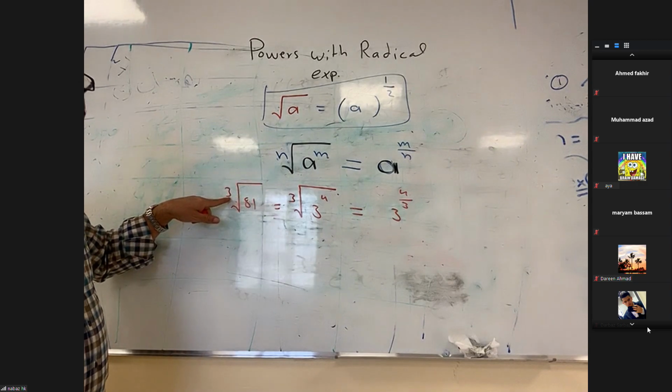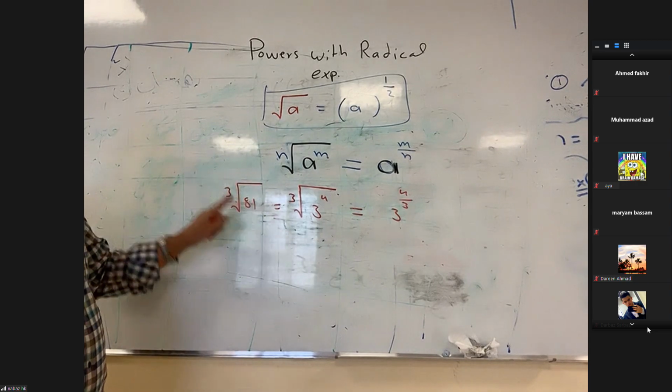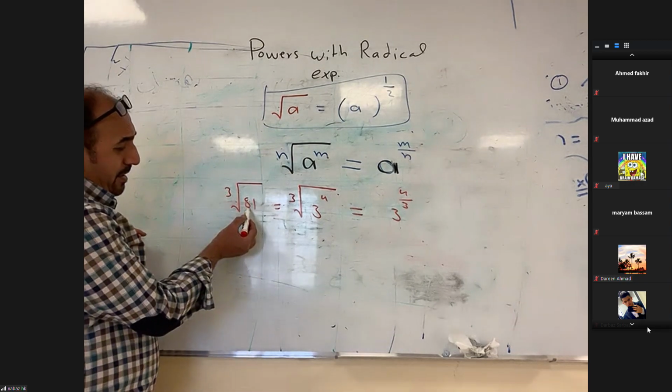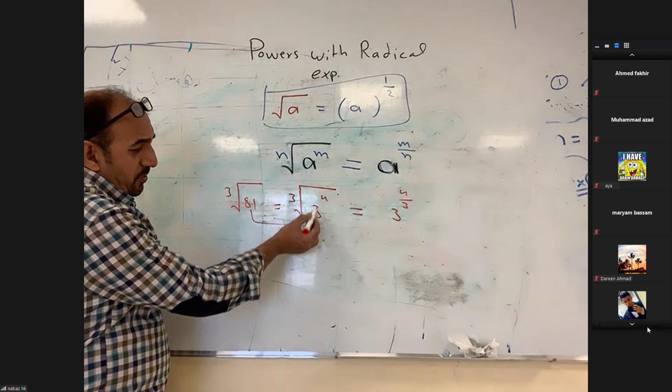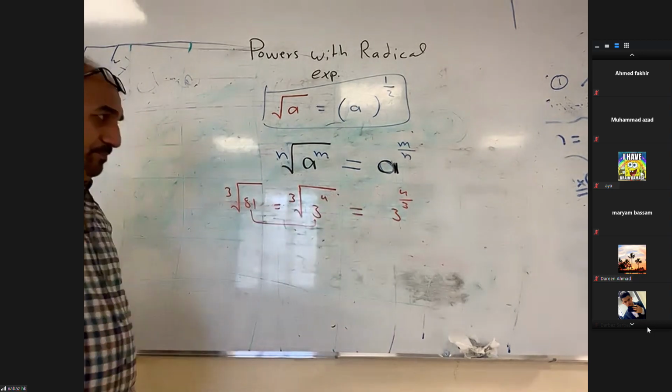That is the square root. So here, 81 you can write like this, 3 to the power 4.